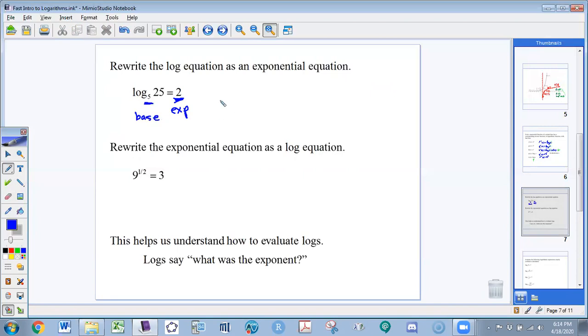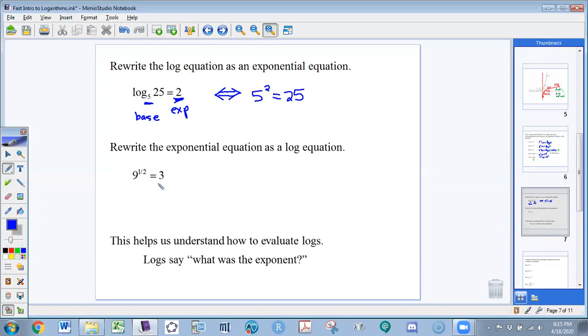By the way, this is an if and only if, which in math we write with a double-barred arrow. So if this is true, then this is true. If this is true, then that's true. So the corresponding exponential equation is 5 squared is equal to 25. So log base 5 of 25 is equal to 2 because 5 squared is 25.